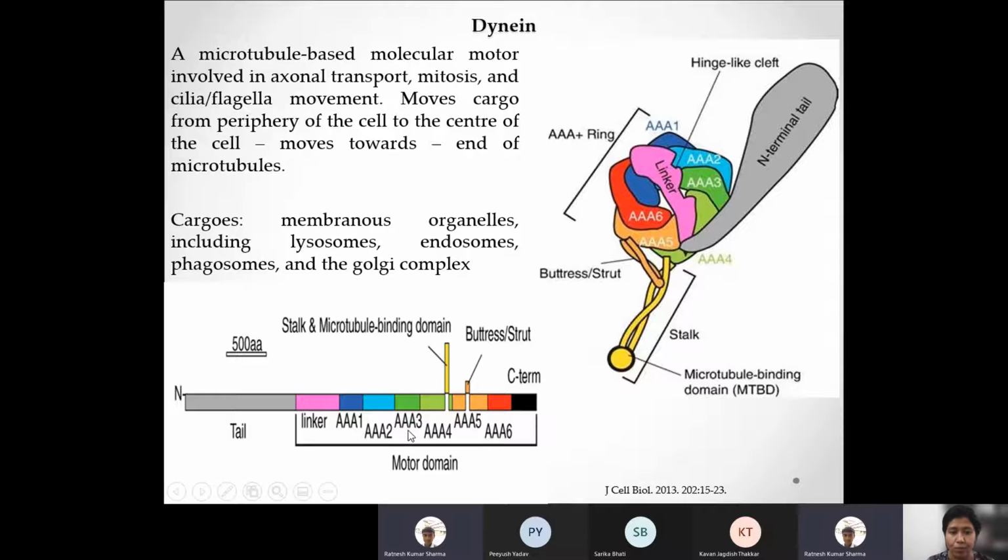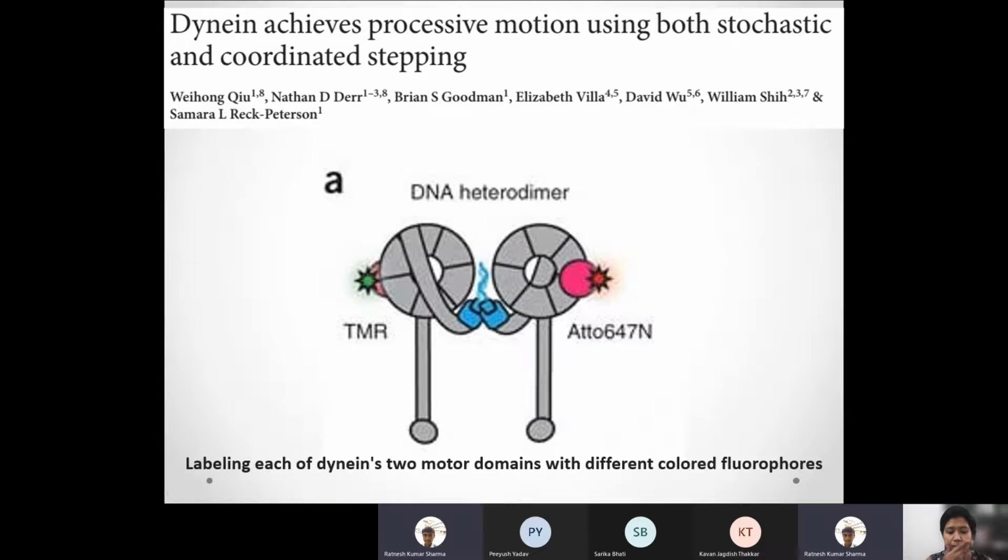Okay, and what we saw the last time was a simple but very elegant method to determine the step size and the walking pattern of these motor proteins such as kinesins and dyneins. I would like to recap this.